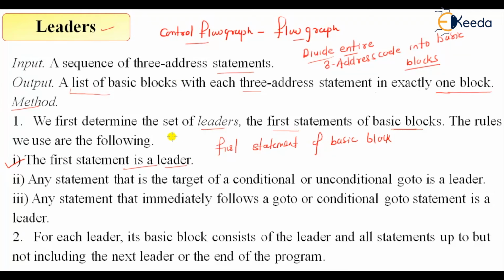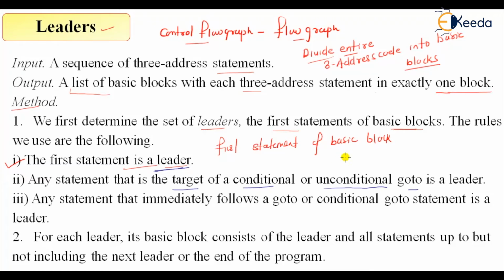So when we start, we will have this 3 address code, and the first statement will be treated as a leader. Now the second rule is the important one: any statement that is the target of a conditional or unconditional go to is a leader.